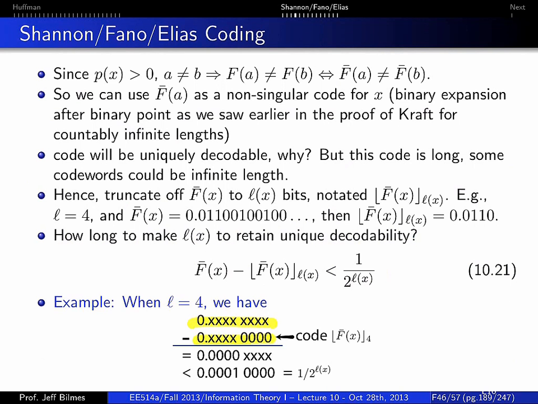When we do this subtraction, all the x's are going to cancel out, and all this stuff is going to be retained from here. We're going to be left with something which is certainly no greater than 2 to the negative L, which in this case is 0.0001. This is 2 to the negative 4 in this case, because this is 2 to the negative 1, 2 to the negative 2, 2 to the negative 3, and 2 to the negative 4. Okay.